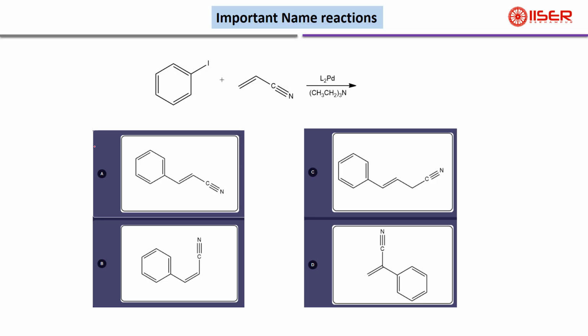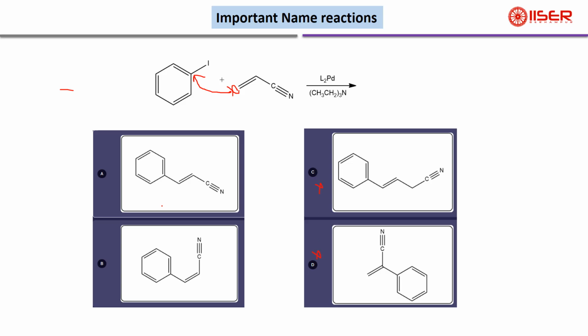So it will combine from which side? The less bulky side, which is this one. So there will be formation of a bond between these two carbons. Now see, these two are already cut, because they are not forming from that carbon.